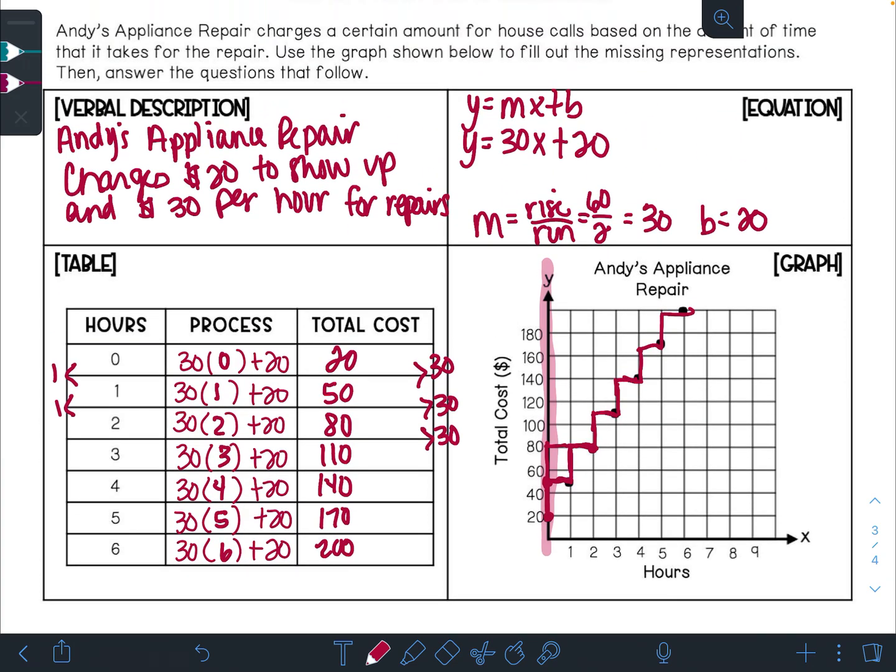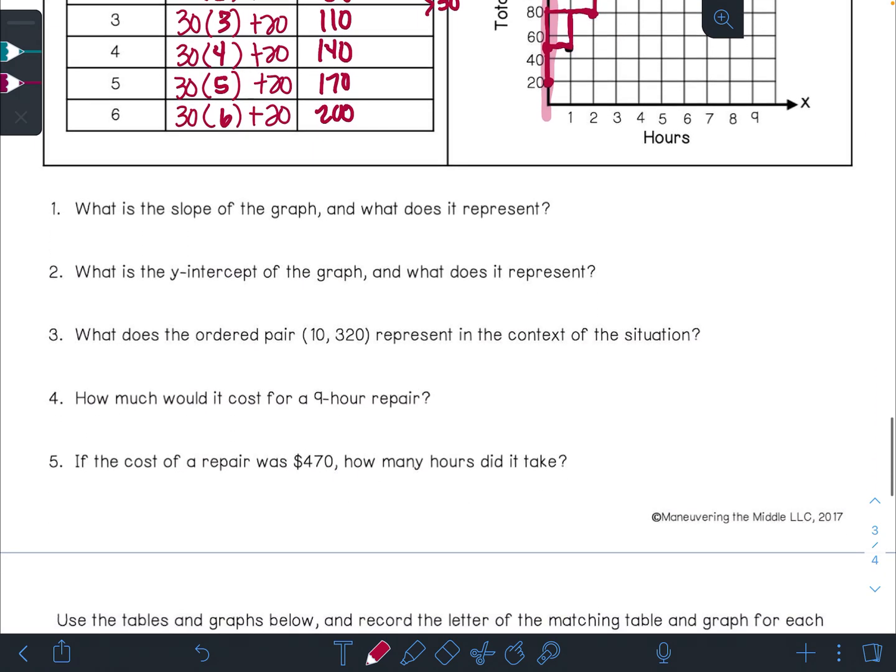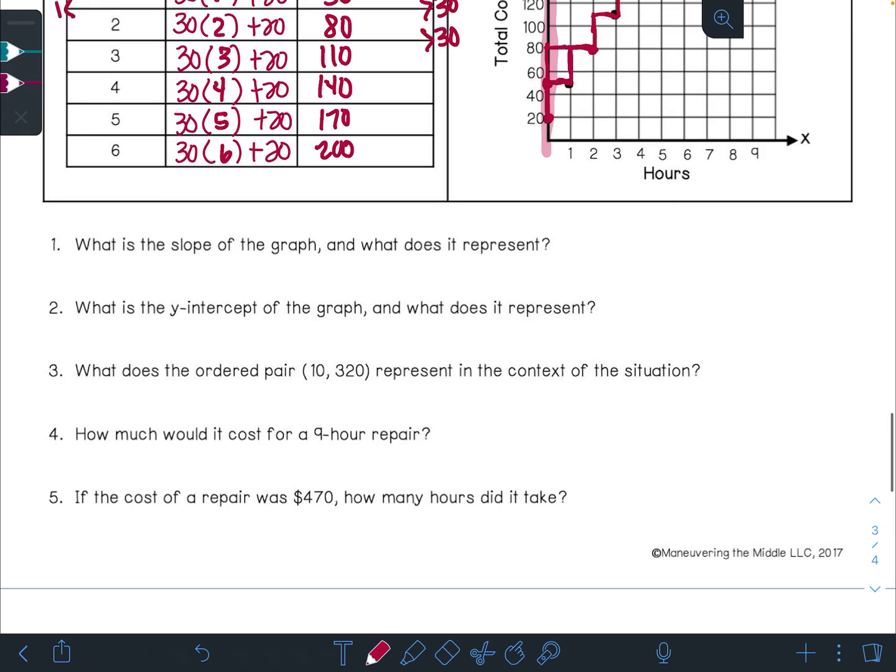I'm hoping that you're starting to realize the relationship between how my equation works with my rate of change, and how that is exactly what my slope is, how I'm changing on my table and how I'm changing on my graph as well. So let's answer some of the questions down here. What is the slope of the graph and what does it represent?